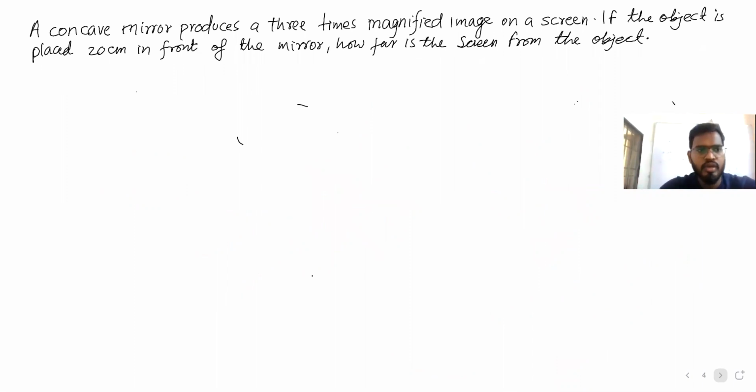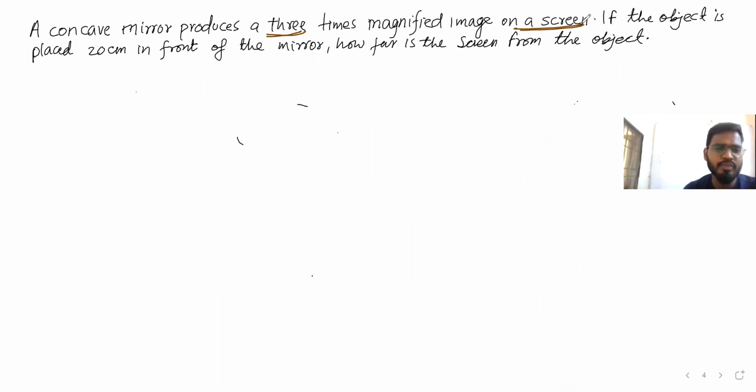Next is what? A concave mirror produces a 3 times magnified image on a screen. See, you can easily understand, a concave mirror produces a 3 times magnified image on a screen. On a screen means only concave mirror images can form, right?